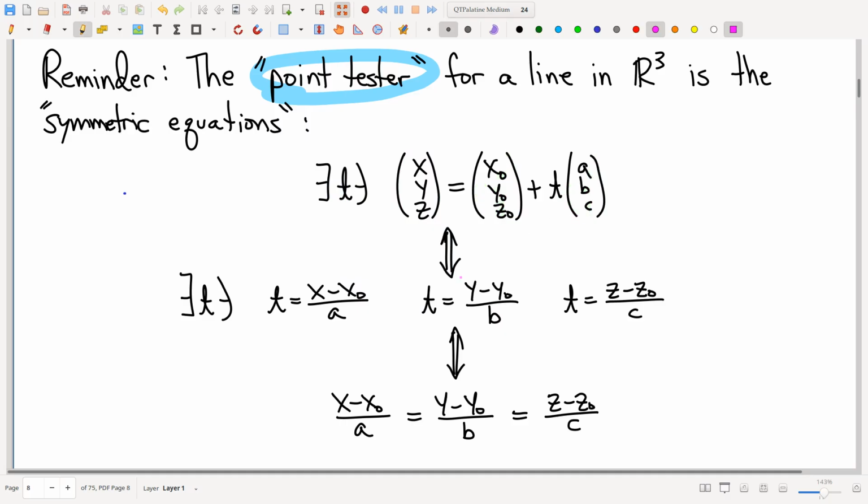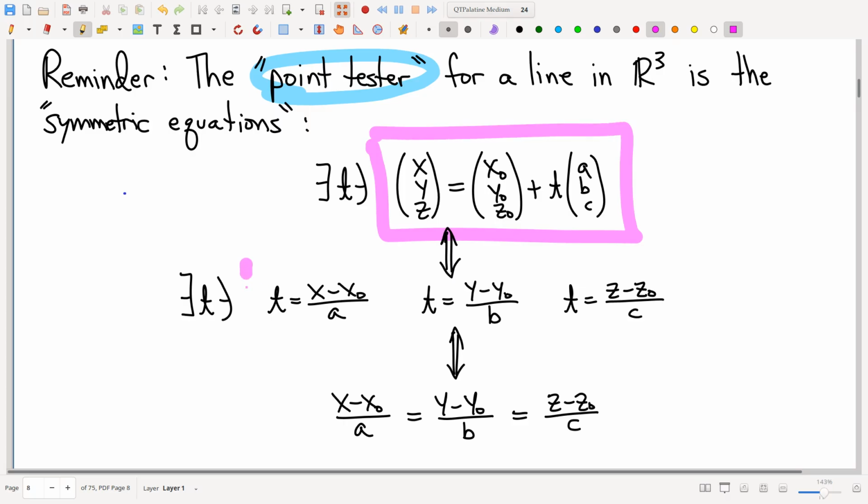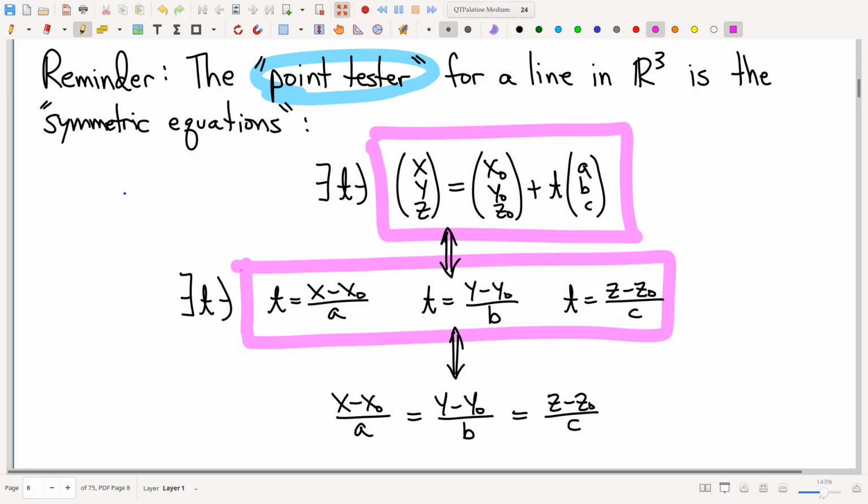Okay, so it seems pretty useless. Here's where this gets much nicer. I'm going to make the observation that this vector equation is equivalent to these 3 scalar equations. These are just the coordinate equations. Keep in mind, when you have a vector equation, you can multiply it out and look at one coordinate at a time. There's actually 3 coordinate equations in there.